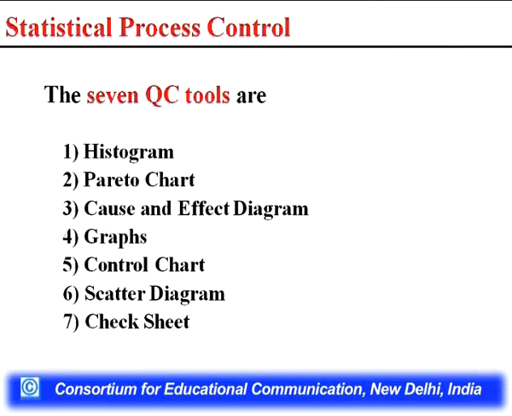We also know that under quality improvement and statistical process control, in quality management and total quality management, there are simple 7 QC tools available, and these are histograms, Pareto chart, cause and effect diagram, graphs, control chart, scatter diagram, and check sheet.